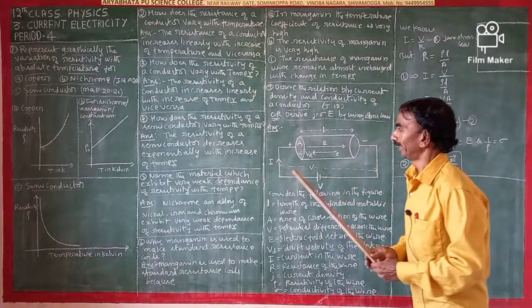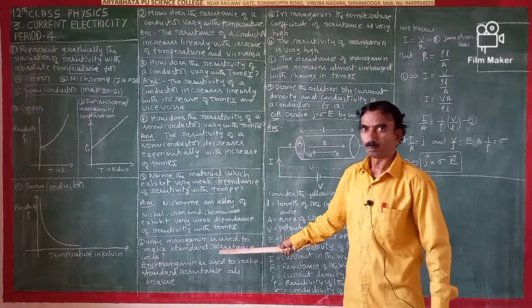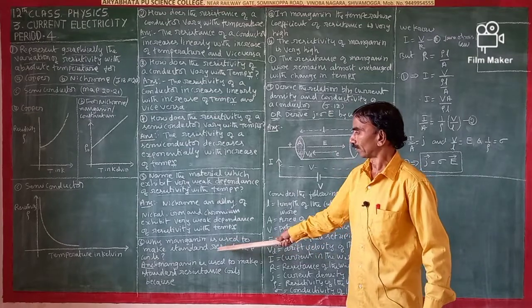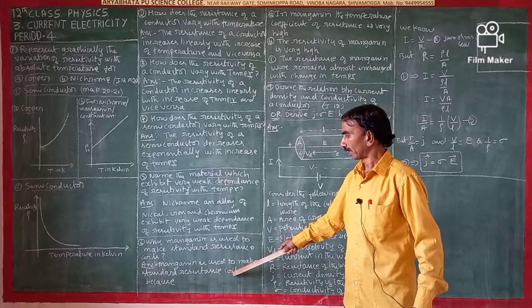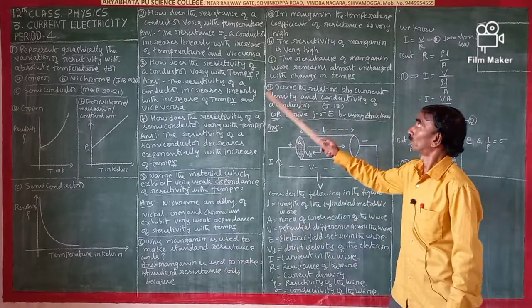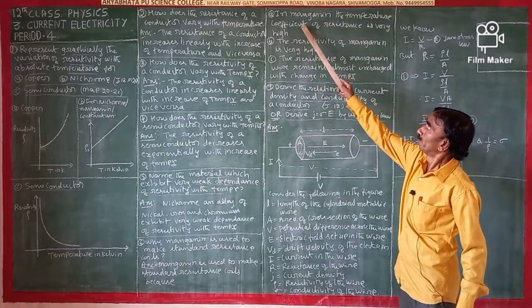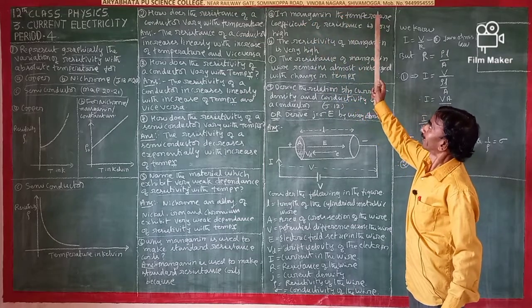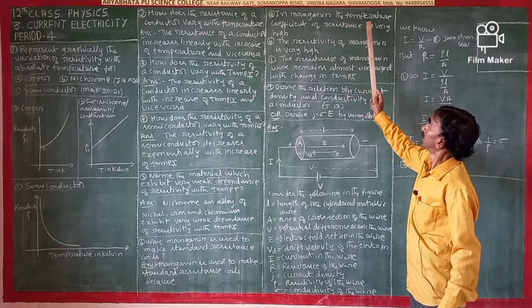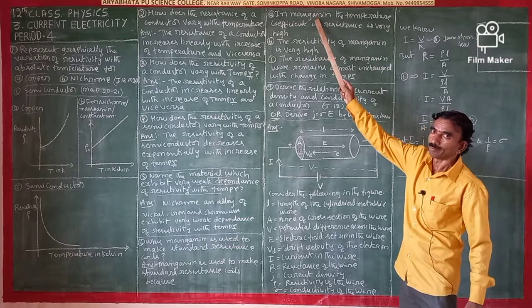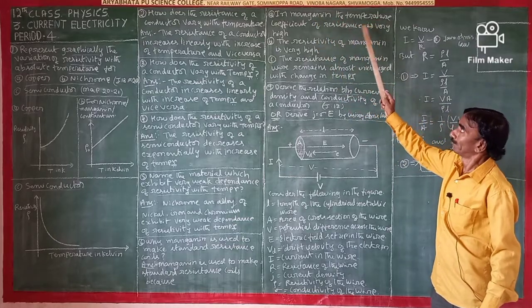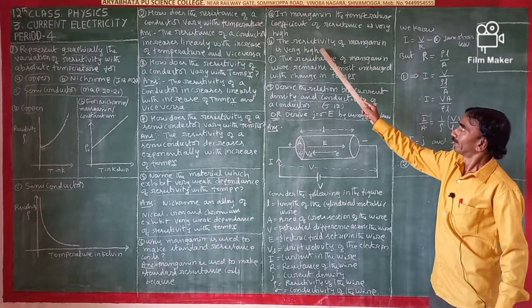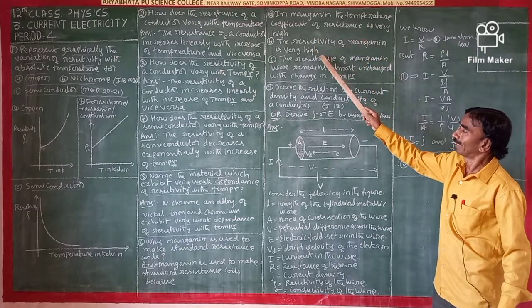Why is manganese used to make standard resistance coils? Manganese is used to make standard resistance coils because of the following reasons. In manganese, the temperature coefficient of resistance is very low.